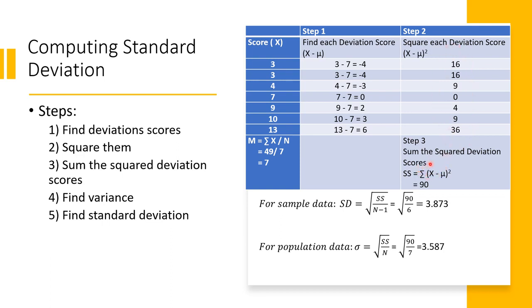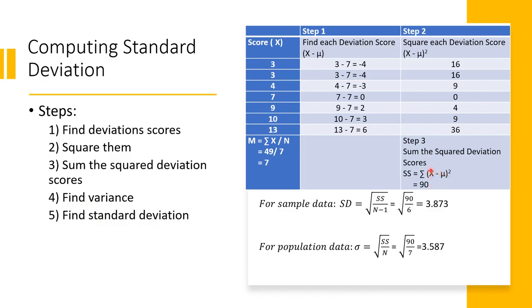That is called the sum of squares. It'd be better to call this the sum of the squared deviation scores. That's what it is. Now what you need to do is find the variance, and then finally the standard deviation.